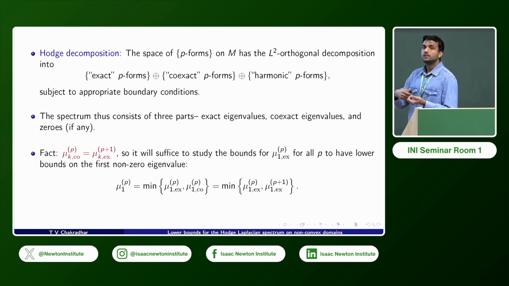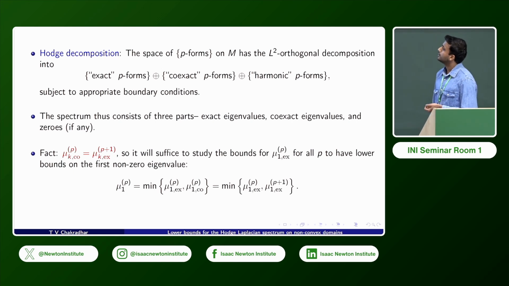Co-exact, similarly, the co-differential of (p plus 1)-forms, and harmonic forms, roughly those which have Laplacian 0. This property, in addition to the fact that the Hodge Laplacian commutes with the exterior derivative and the co-differential, will allow us to write the spectrum as this decomposition: exact eigenvalues, co-exact eigenvalues, and zeros, if any, depending on the Betti number of the topology.